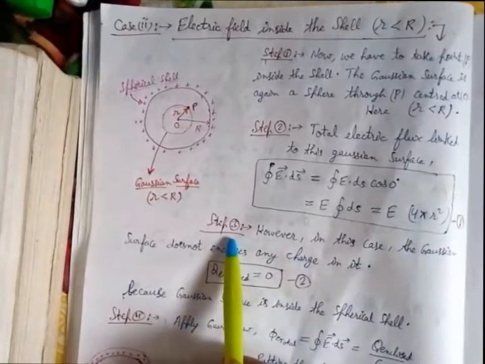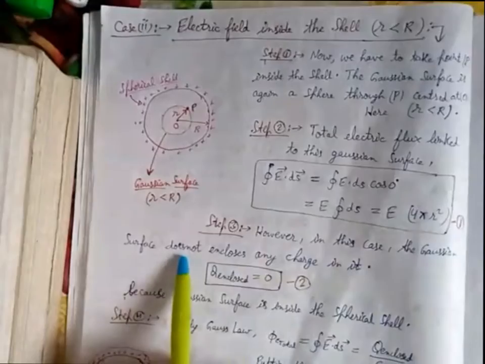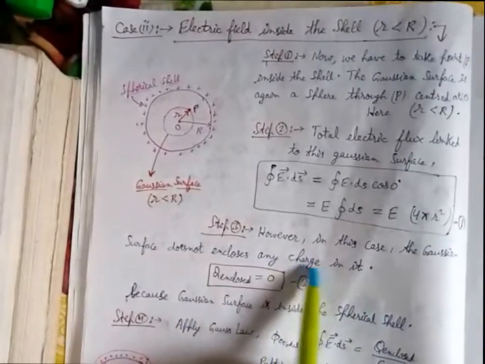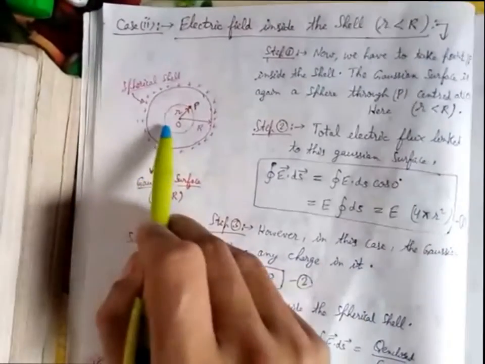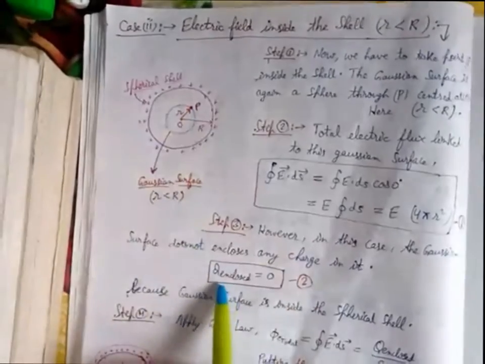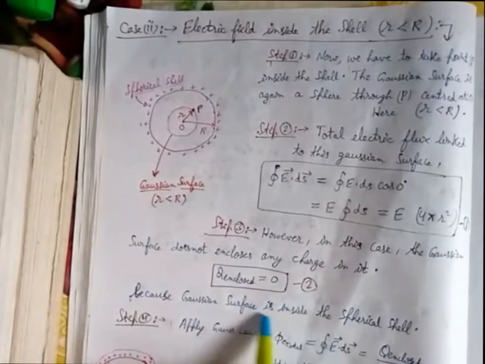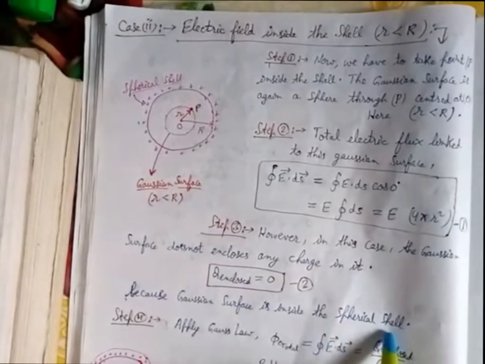Now step third is, however, in this case the Gaussian surface does not enclose any charge in it. So this Gaussian surface does not have any charge enclosed. So Q charge enclosed will be 0, because the Gaussian surface is inside the spherical shell.